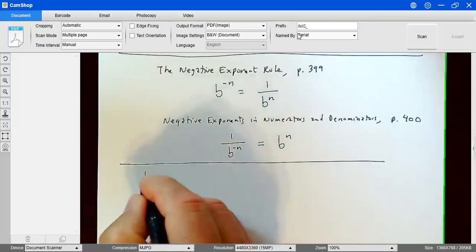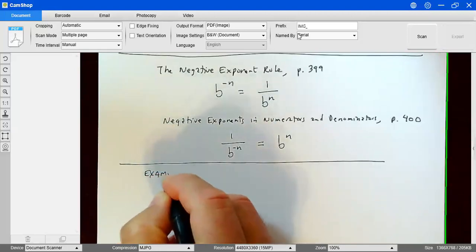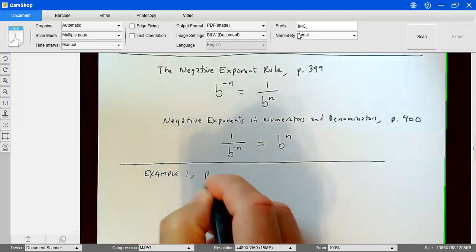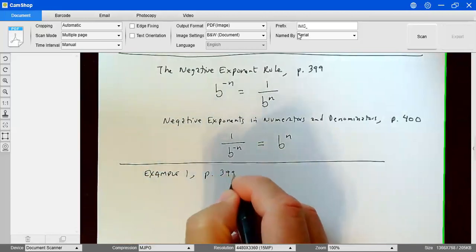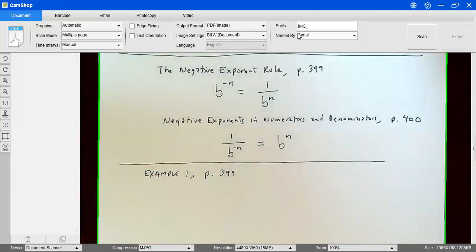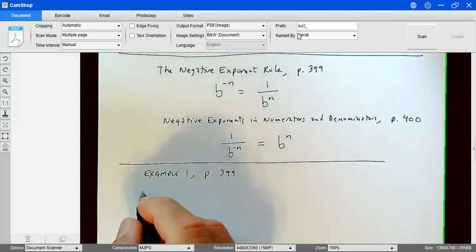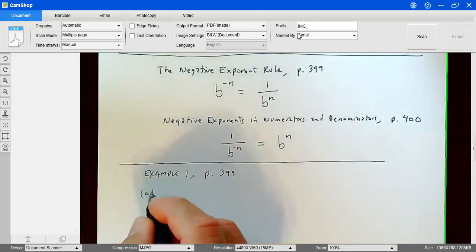So I'm going to work example 1 on page 399. So we just need to rewrite, as I mentioned. We don't like negative exponents.